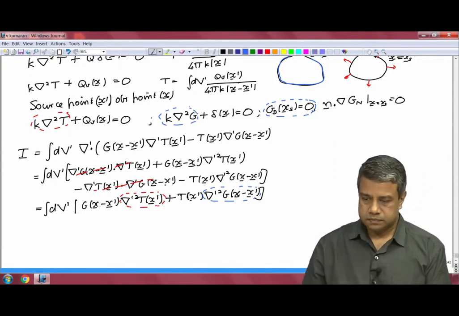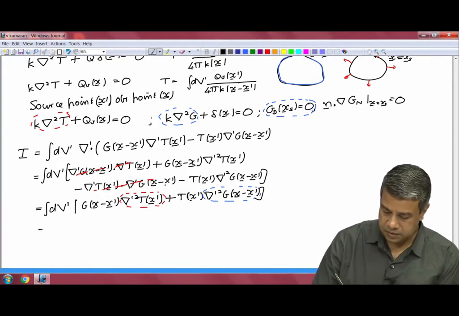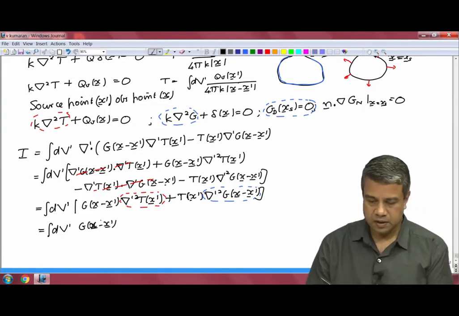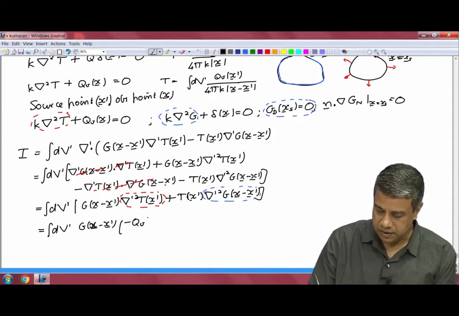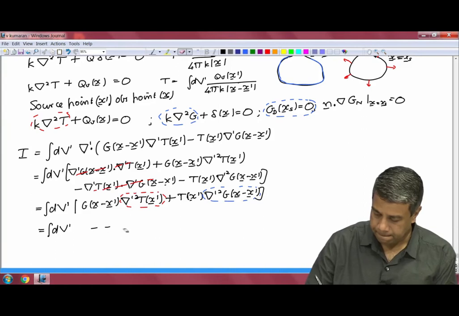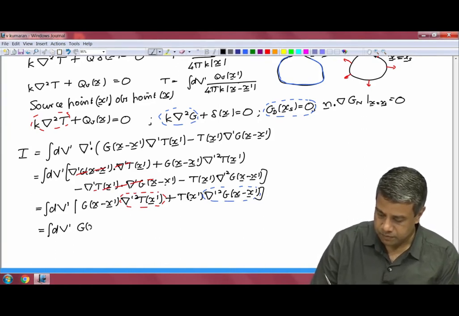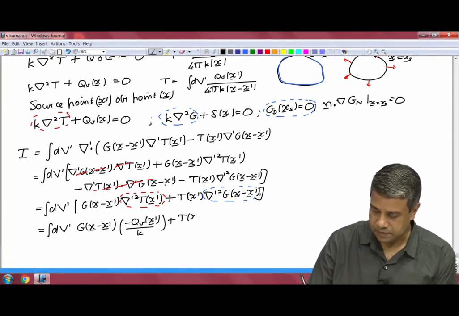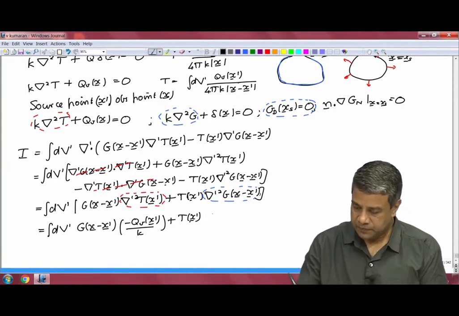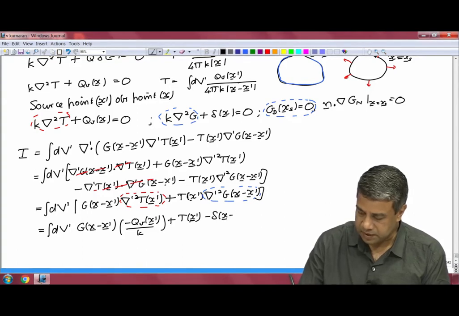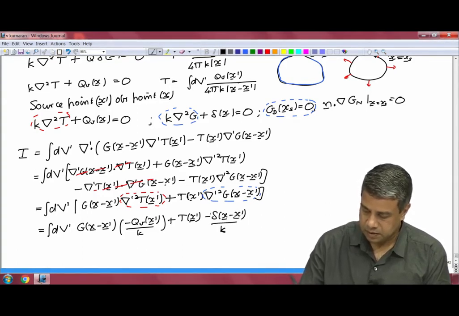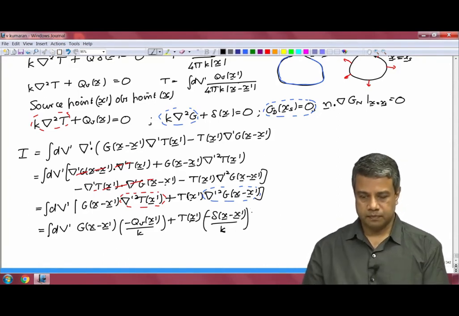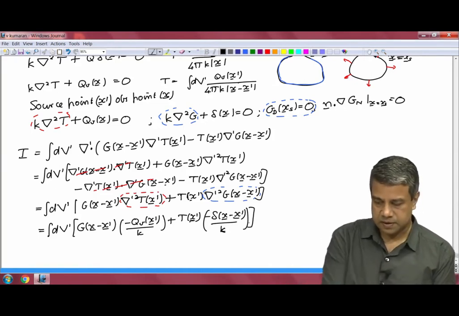So, this will become the integral dv prime g of x minus x prime, and del square t is minus qv of x prime by k, plus t of x prime, into minus delta of x minus x prime by k. So, these are the two terms after substituting from the governing equations.